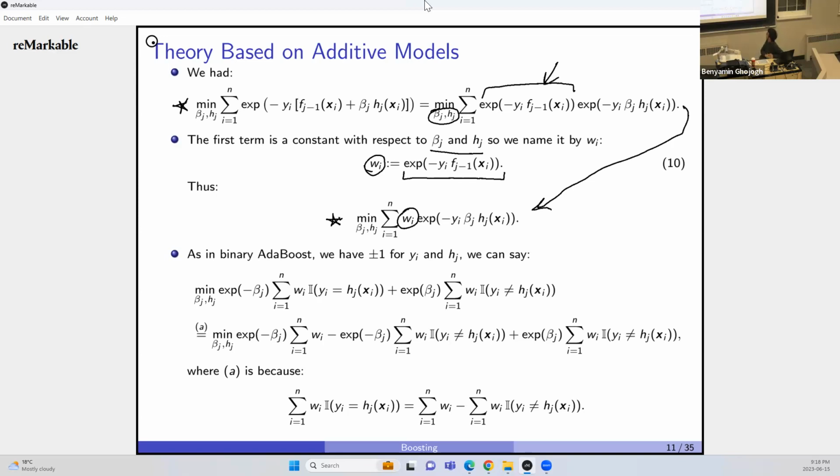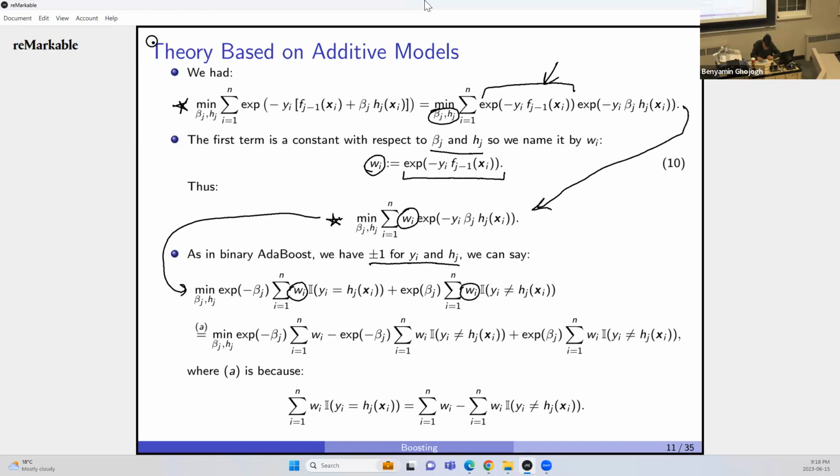Now, as in binary AdaBoost, binary classification, we have y_i and h_j being plus or minus 1, either plus 1 or minus 1, the target and the estimated labels. Then I can rewrite this as this. How? What am I doing? By the way, this w_i is here.